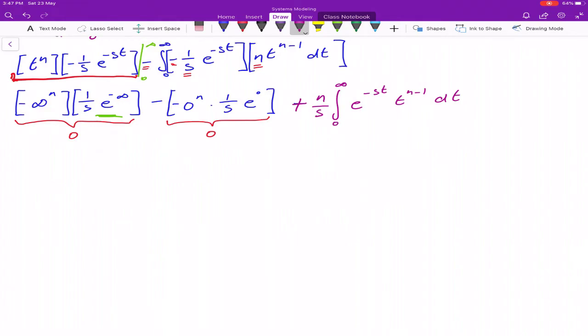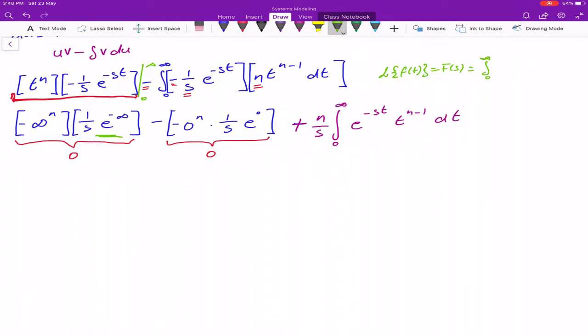Now from the definition of the Laplace transform, the Laplace transform of any function f is F of s, which is the integral between 0 and infinity of your function times e to the minus st dt.